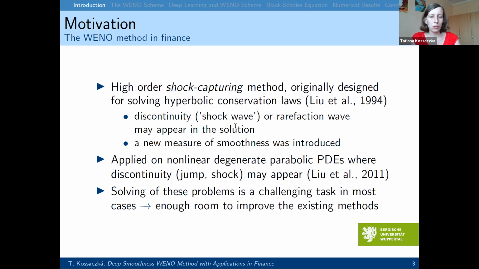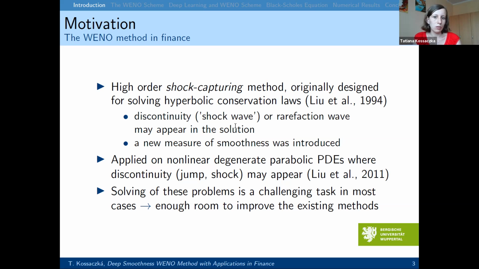Later, this method was also applied to nonlinear degenerate parabolic PDEs, where some discontinuity may also appear, because these degenerate parabolic PDEs have very similar behavior to that of hyperbolic conservation laws.